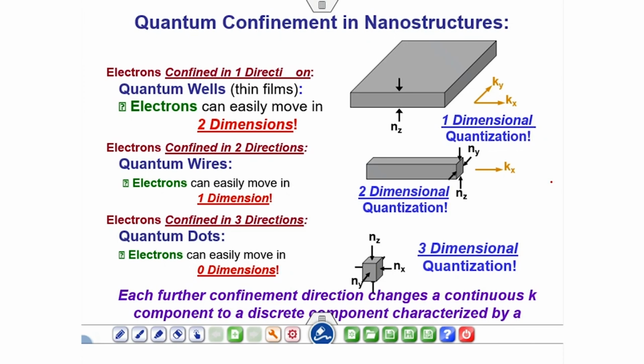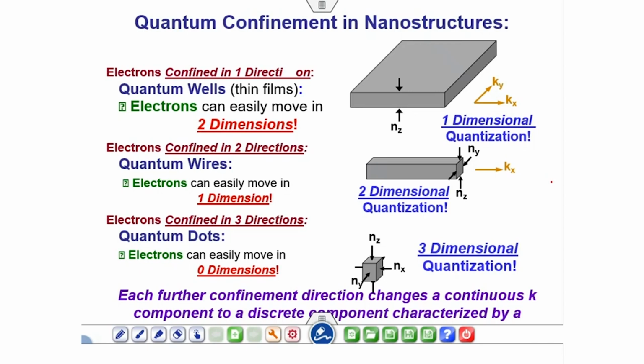So, therefore, kx and ky, that is the wave vectors in the x and y directions, can be anything. Wave vector is what? 2π by lambda, and lambda is related to electron energy or momentum. So, therefore, the electron can take any energy or any momentum in the x and y directions, but in the z direction it cannot, because it is confined. The dimension is smaller in the z direction.